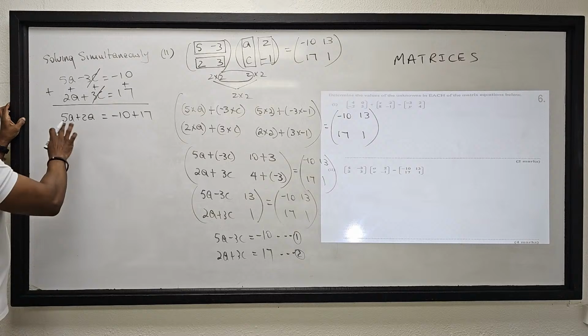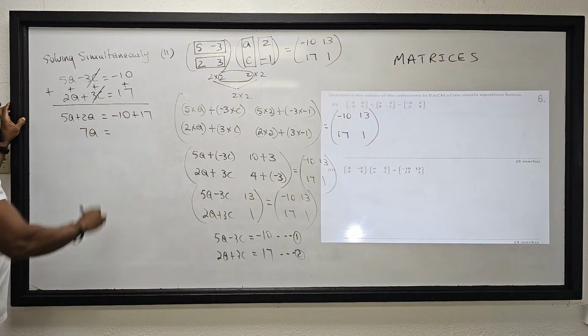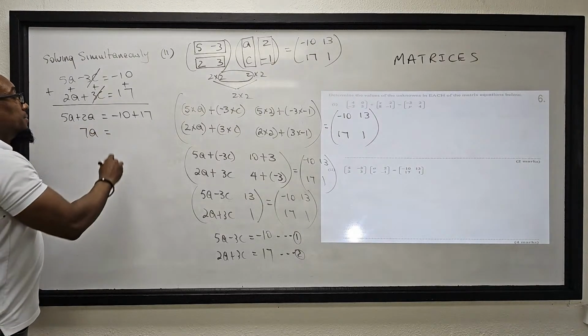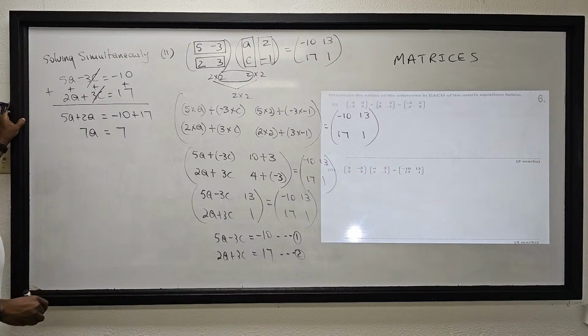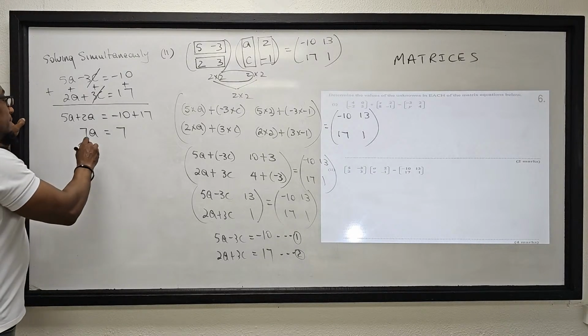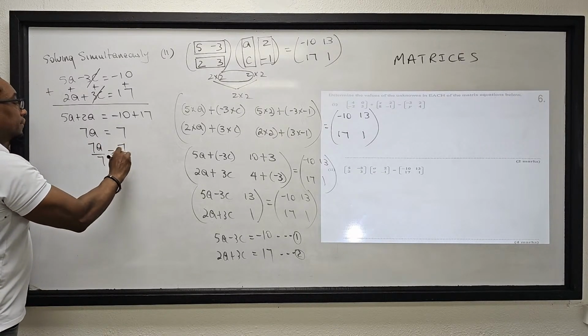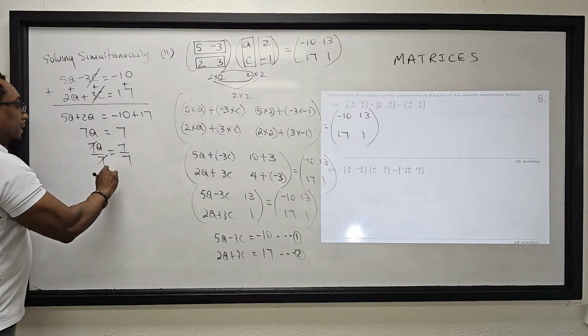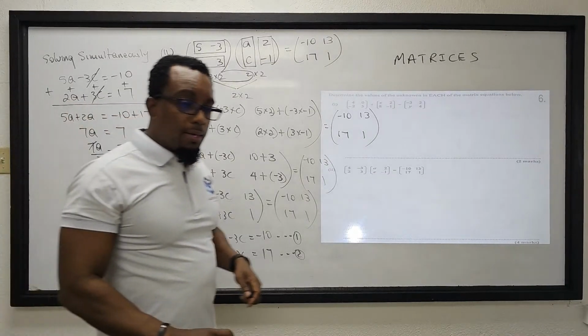So 5a plus 2a is 7a, negative 10 plus 17 is 7, and therefore to get a by itself, I'm going to divide by 7 on both sides, and therefore a is equal to 1.